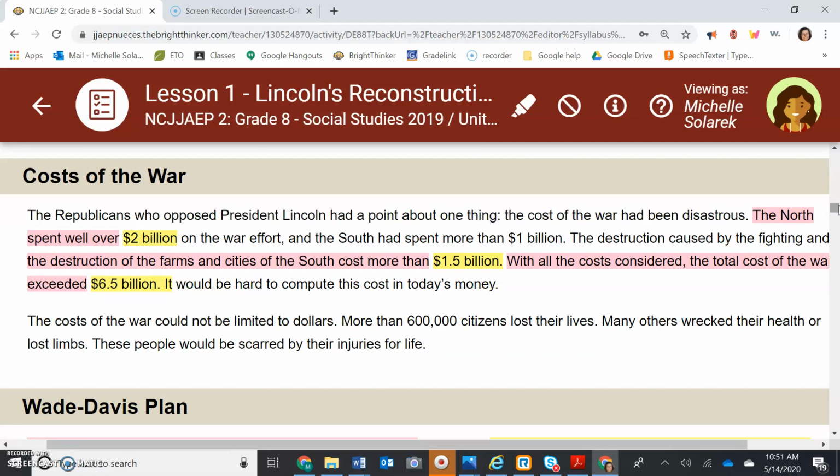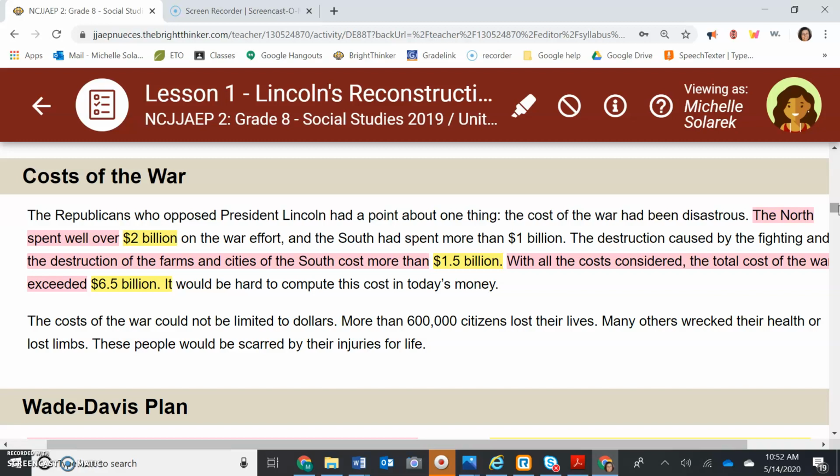So anyway, the North won, but the North spent $2 billion in the war. So how much did the war cost the North? $2 billion. In land alone, in the destruction of the farms and the cities, it cost the South $1.5 billion. So number 8, how much in the destruction of farms and cities did it cost the South? $1.5 billion.